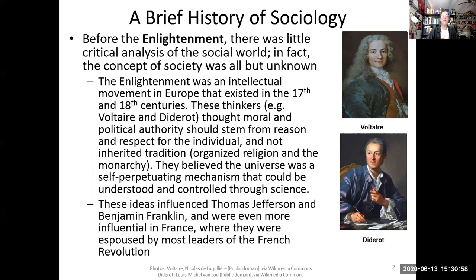Some women were involved in the movement, but few. These were men who were independently wealthy generally and could spend time thinking about the nature of society and history and so forth.